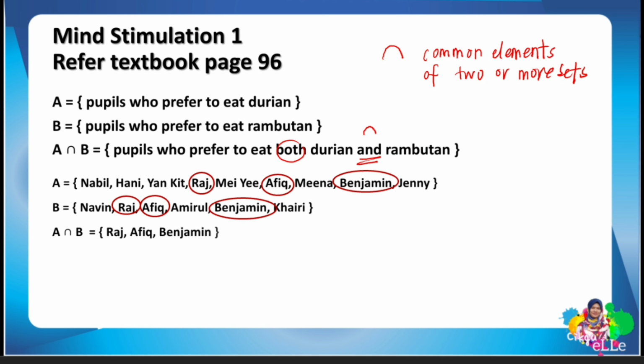Okay, so A intersection B are Raj, Afiq, and Benjamin, because Raj, Afiq, and Benjamin prefer to eat both durian and rambutan. Raj, Afiq, and Benjamin are in set A and also appear in set B.